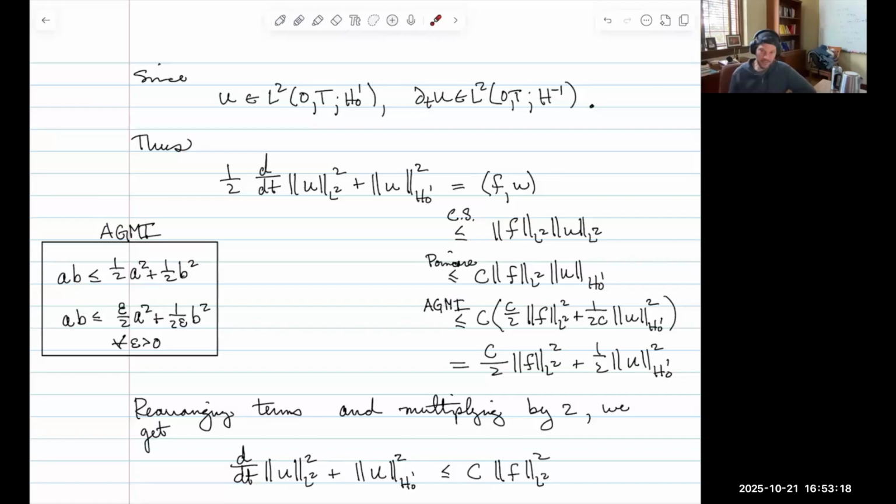Some people call it the rob Peter to pay Paul trick, but in any case, it works. I can just take this and out comes this guy if you know that clever little trick. So we're going to apply this with epsilon equal to c, the same c that appears out in front, the Poincare constant. It holds for every epsilon, so it's definitely going to hold for my Poincare constant.